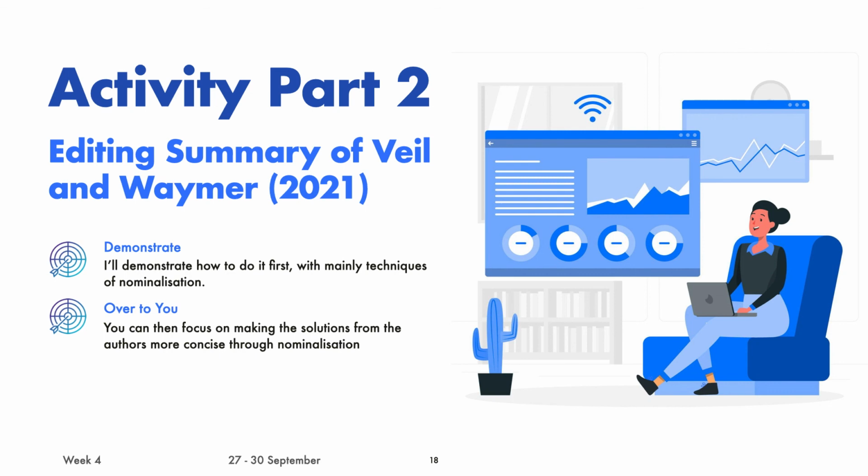Okay, remember the authors made 4 recommendations, and you will be able to find the recommendations and some comments on those recommendations in 4 separate paragraphs in section 8 of the text. So you have to consider how you can condense the ideas further to make sure your text is concise and looks more technical.